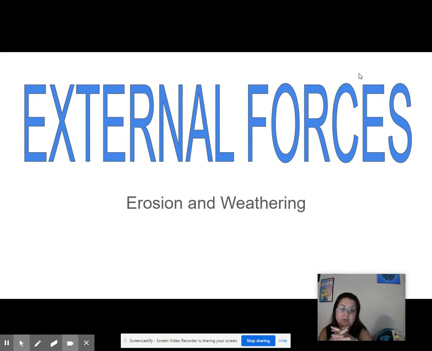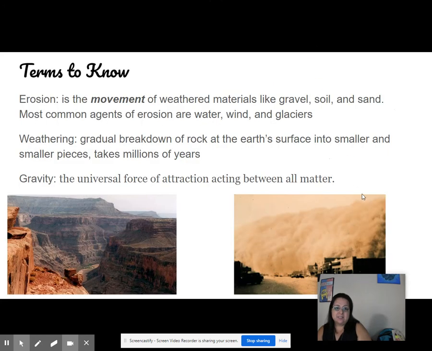Today we are going to be focusing on external forces, so things that are happening outside of the surface of the earth, which we are really going to be focusing on erosion and weathering, made possible because of wind and water. Okay, so let's go ahead and get started.